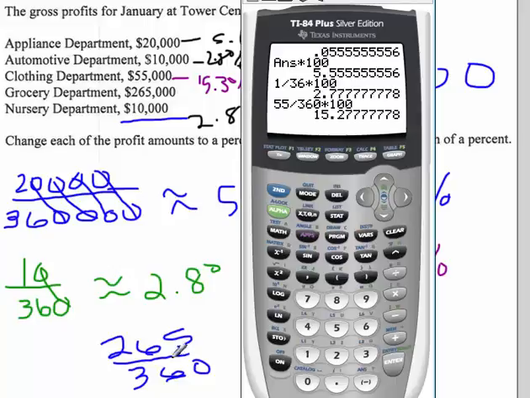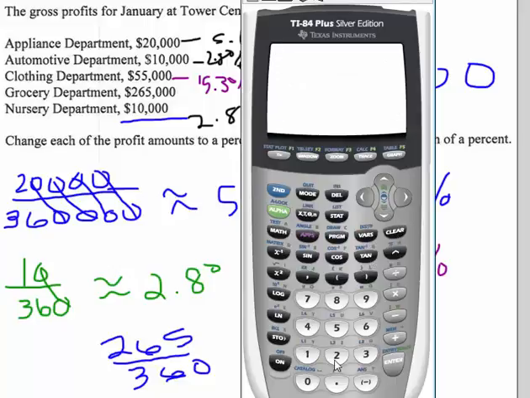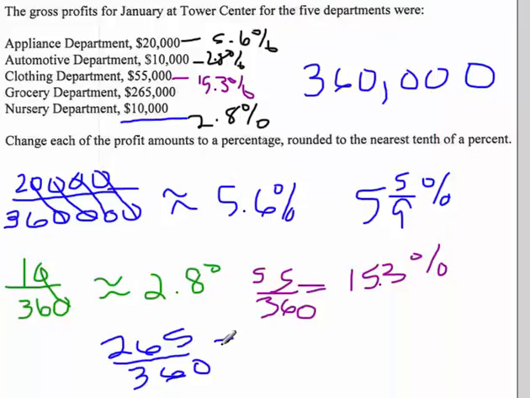So that's going to give us 265 divided by 360, and we get 73.6. Now sometimes in the course of rounding, we'll end up with something like 99.9 versus the actual full 100%, so just be careful when you round. But that's the answer for the grocery department. Again, that's all you have to do.